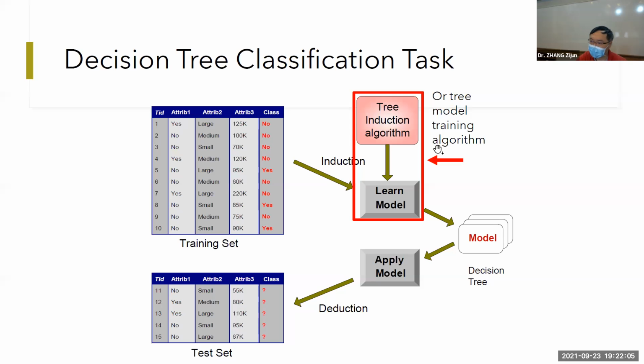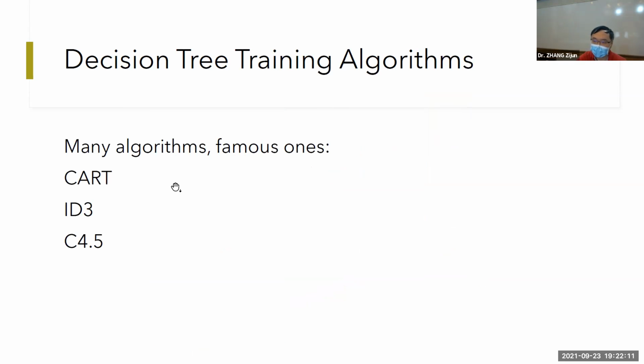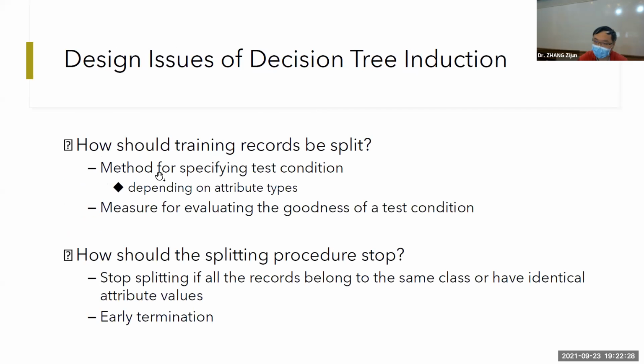There could be a number of algorithms for training a tree to make decisions. Famous ones include the classification and regression tree, CART, ID3, as well as C4.5. C4.5 is the most famous, most powerful, and widely utilized one.